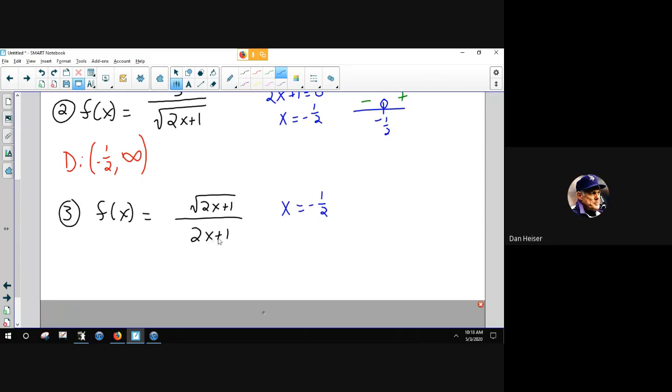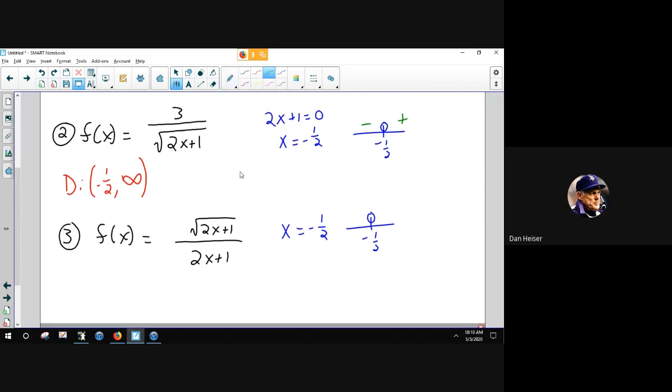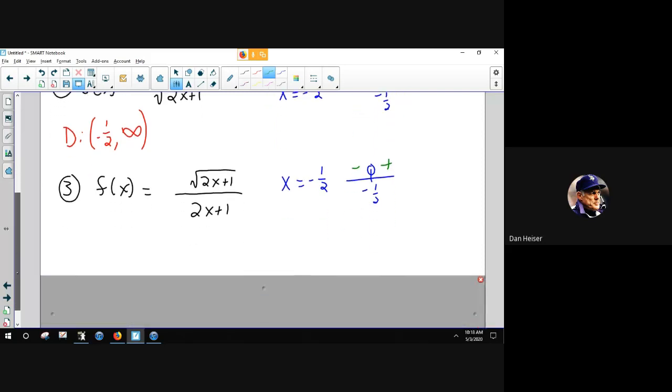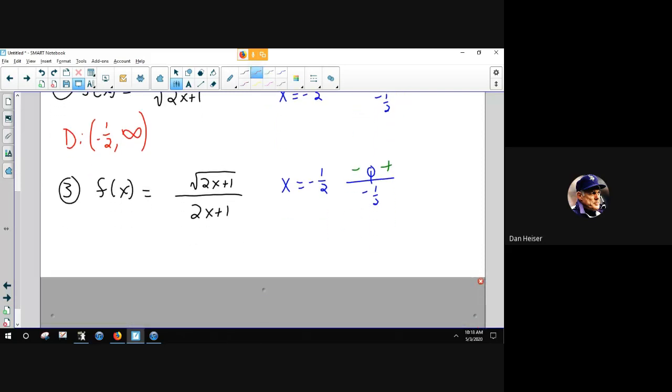It does not work for the denominator. Open circle. And I need my square root to be positive. Well, we already did that one up here. We did that one. So essentially, we have the same domain. We have not changed our domain.